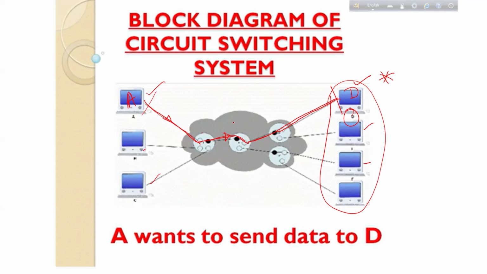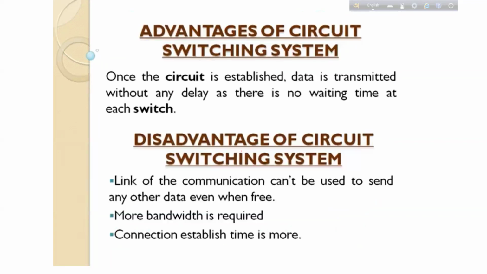But in the circuit switching system, there is no such option. For the time being, this whole connection is busy, and other users cannot use it. So this is the first point, that the link of the communication cannot be used to send any other data even when it is free.